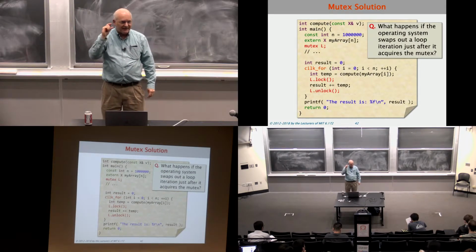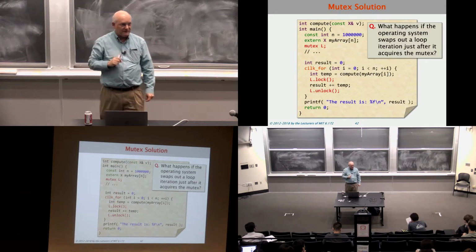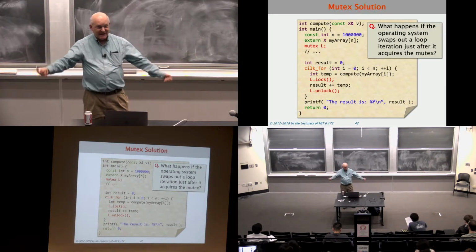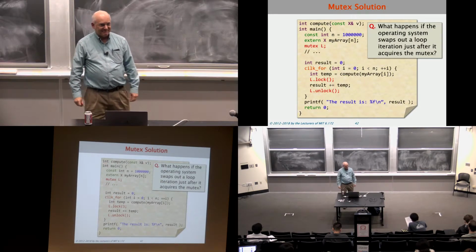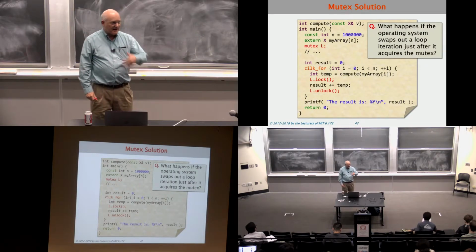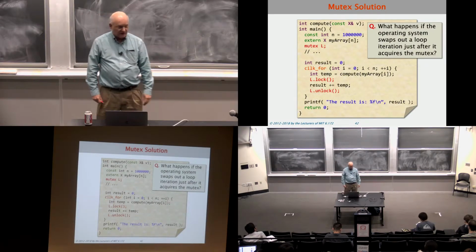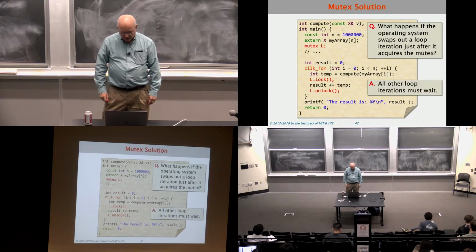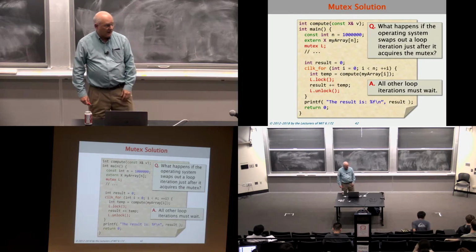You thought you were only grabbing the lock for a short period of time, but instead, the operating system came in and made you take a long time. So this is the kind of system issue that you get into when you start using things like locks. All the other loop iterations have to wait.